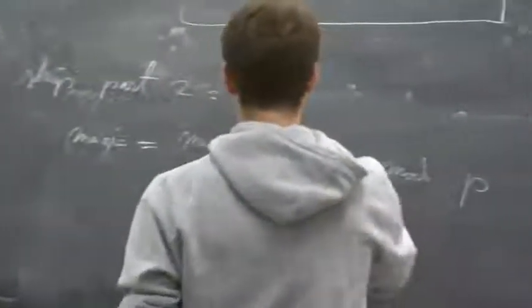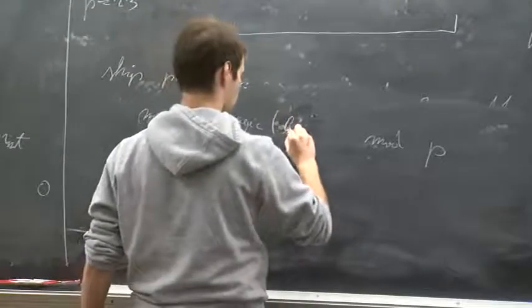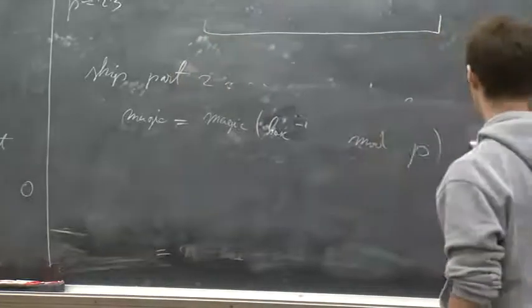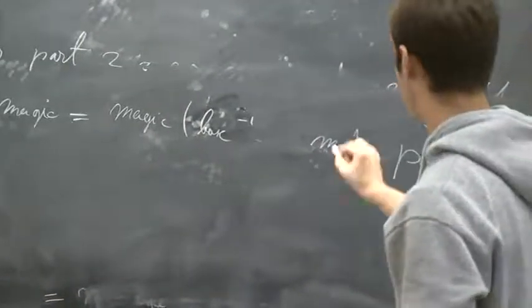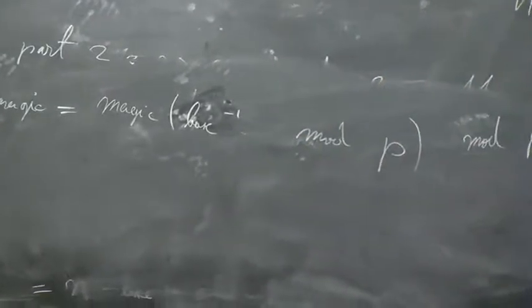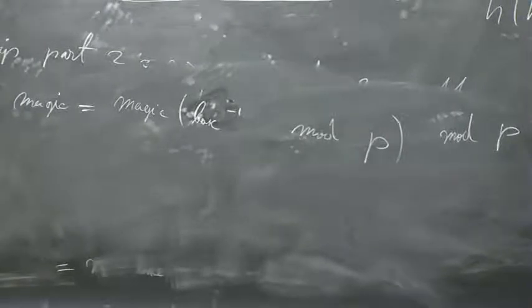So we're going to say that magic is magic times base to the minus 1 mod p, which is the multiplicative inverse, everything mod p. Now suppose this multiplicative inverse algorithm is really slow. What do we do to stay order 1?